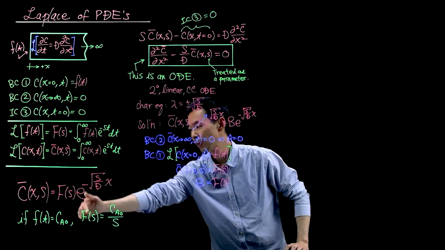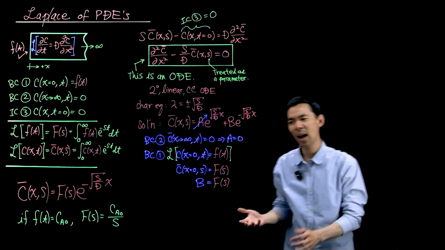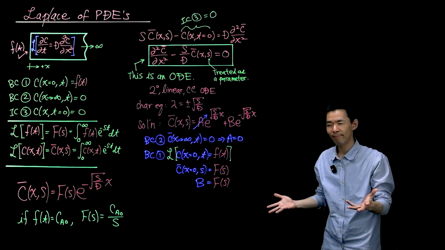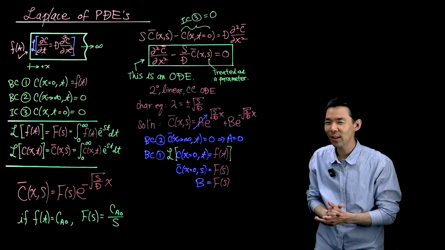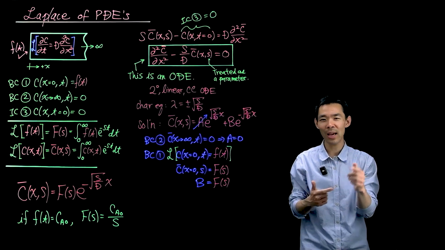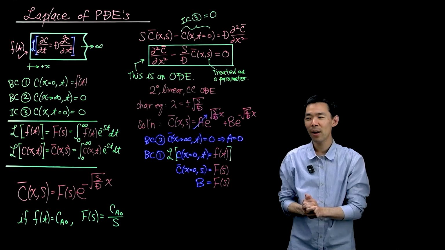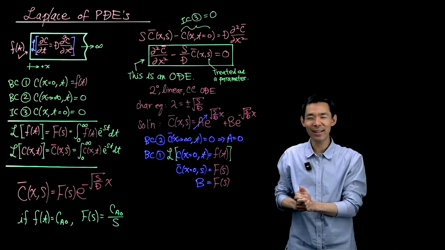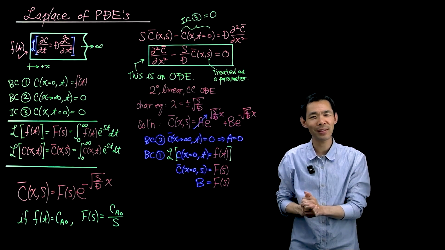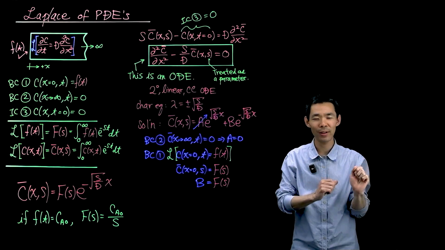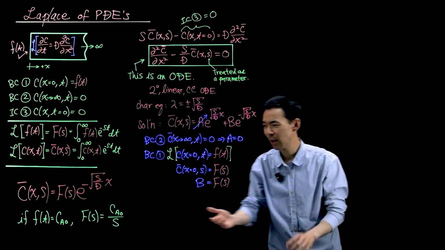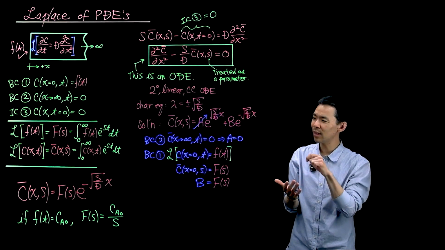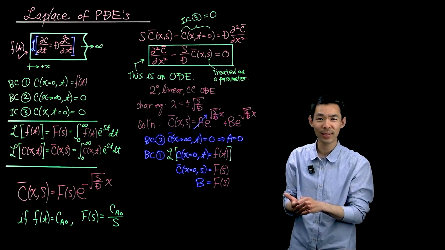Therefore, this F of s would just go in here as a prefactor, and now you have to invert that. Now, if you recall the Laplace table that we've shown many, many times over several weeks ago, you're not going to find a convenient Laplace inverse and forward Laplace transform of something that looks like 1 over s times e to the negative square root of s.